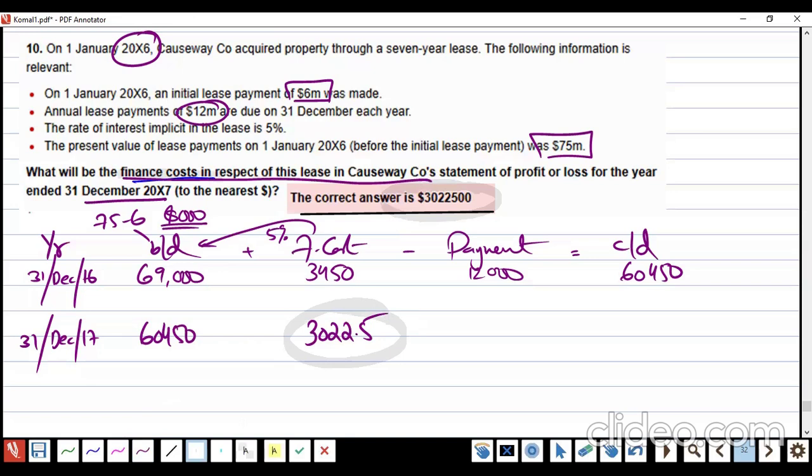So with this, we are done with the Study Hub practice session. Alhamdulillah, we are done with the practice session of Study Hub IFRS 16, which had 10 questions. Your assignment, your homework, is to open your Study Hub and read the chapter completely.